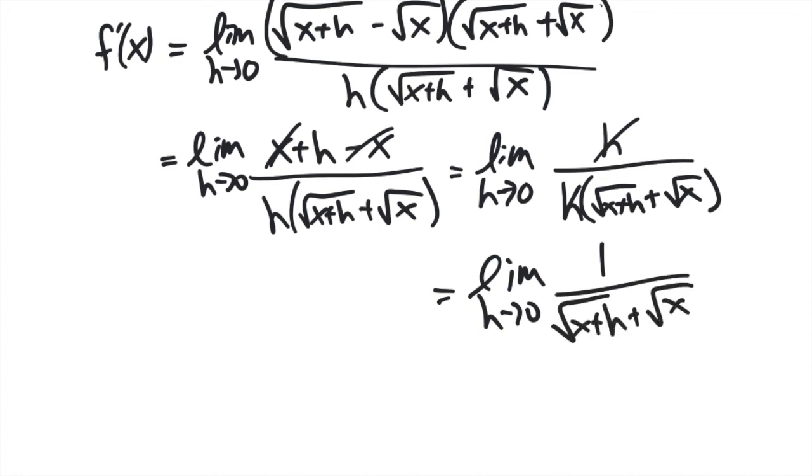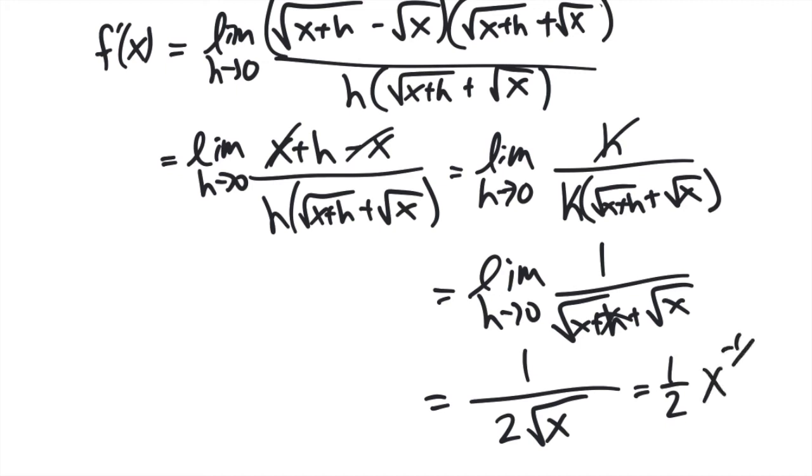And now it's perfectly fine for you to plug in 0 for h. Once you do that, you get 1 over, h is just 0, so you just get the square root of x plus the square root of x, or another way to write that is 2 times the square root of x. You can write this in a couple of different ways. You could write it as 1/2 times 1 over the square root of x, or you could write it as 1/2 x to the negative 1/2.